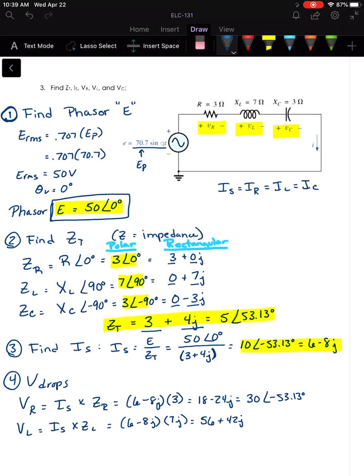Remember, if you're multiplying j times j, j squared is -1. That's where that comes from, so keep that in mind if you're doing the multiplication by hand. In polar form, that would be 70 at 36.87 degrees. And then VC is I sub S times ZC, which would be that 6 minus 8j times -3j.